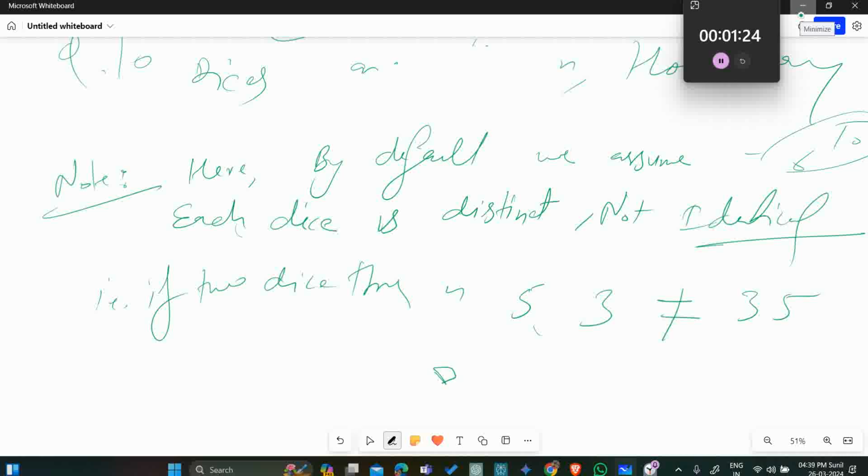If this is a dice and this is also a dice, but they are distinct, the outcomes are different. But if identical, it does not matter which one comes up. So dice are distinct here.